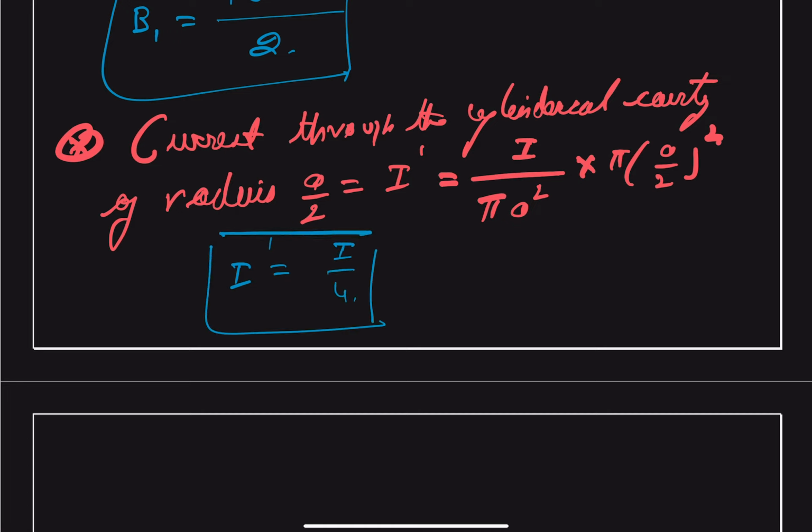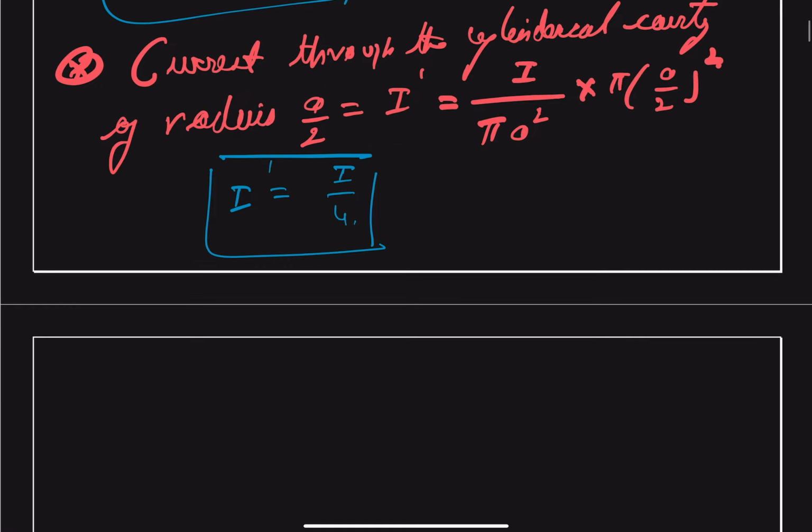So this is the current that will be flowing through the cylindrical cavity if it was present there.